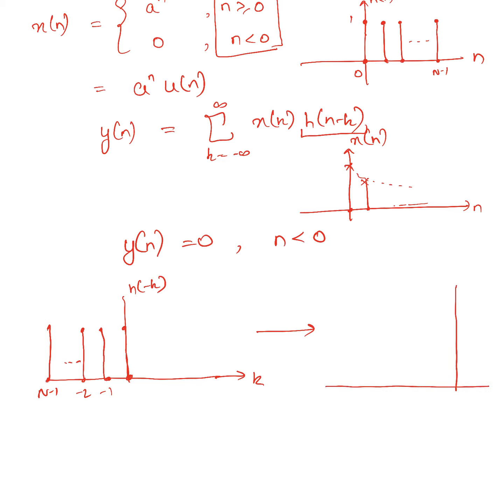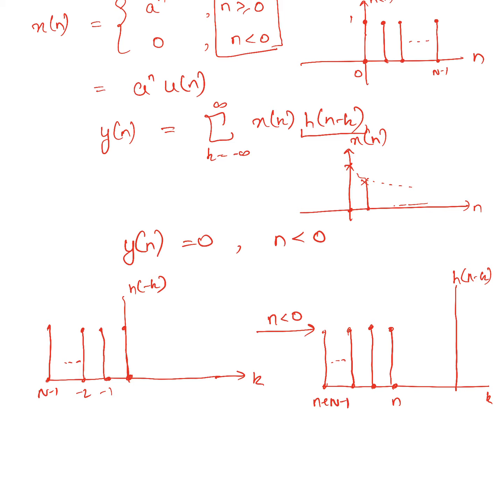So I would get h of n minus k. So by shifting, it would be for when we have n less than 0. Under the case when we have n less than 0, we would have n up to n plus n minus 1, right?